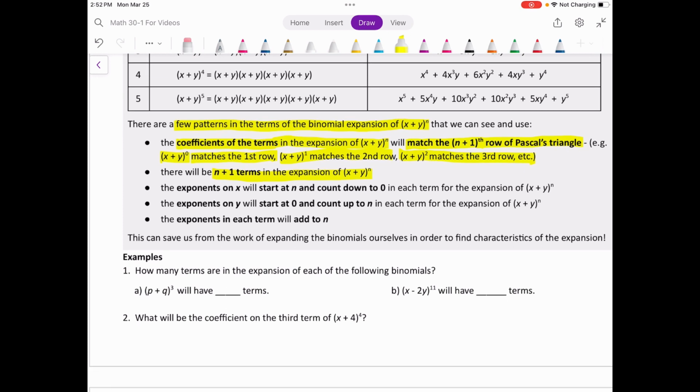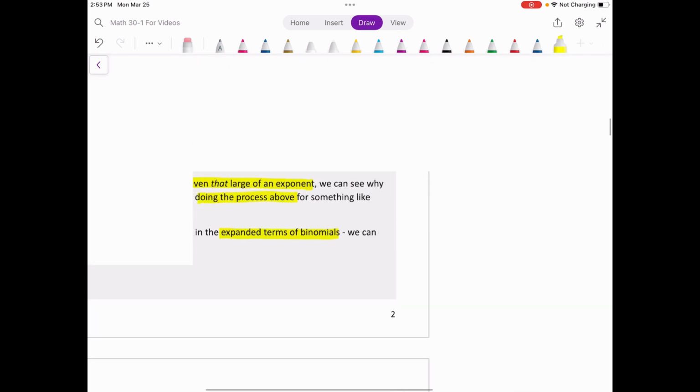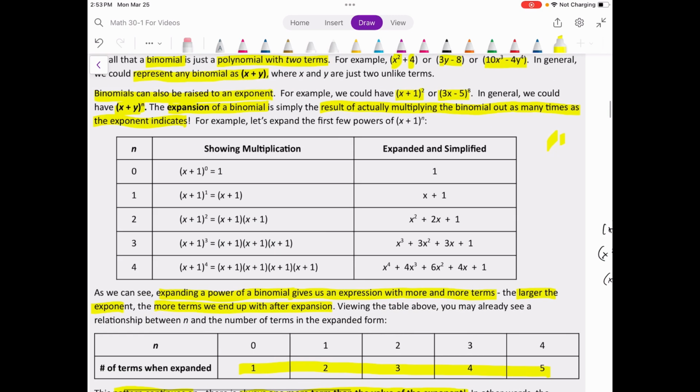This holds as long as we're writing it in what we call descending powers of x, meaning we order it so that the exponent on x is the highest first, and then it goes down until the exponent on y is the highest: x to the power of 5, x to the power of 4, x cubed, x squared, x. That's the natural, intuitive way to write these. For example, when we expanded x plus 1 times x plus 1, technically we could have written it as 1 plus 2x plus x squared, but that would almost feel wrong.